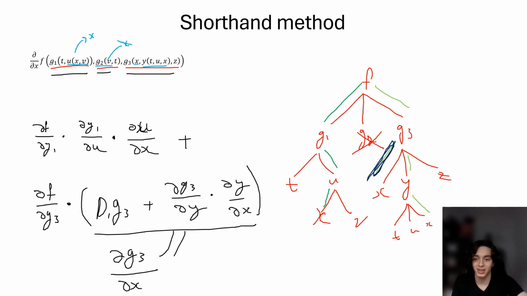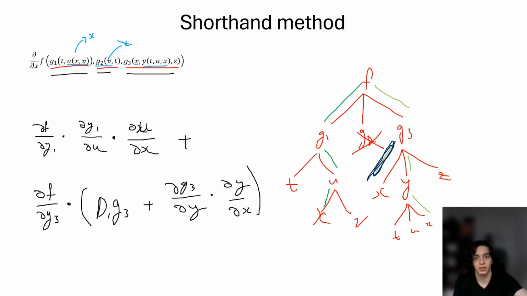And so it might be a bit confusing when in this mess you have day G3, day X, because of this first branch. So we're going to be a bit more specific and say specifically the derivative of the first component of G3, the partial derivative. And this is going to be evaluated at whatever G3 is evaluated at already.